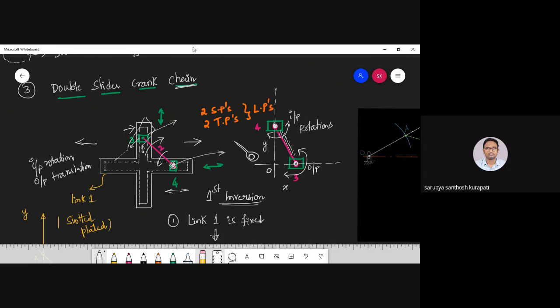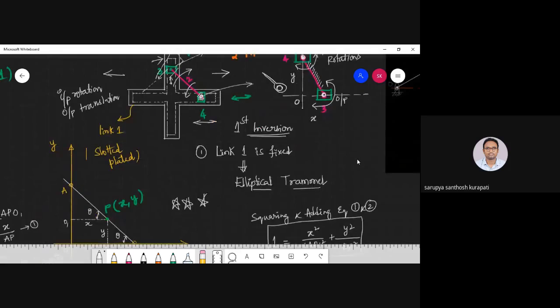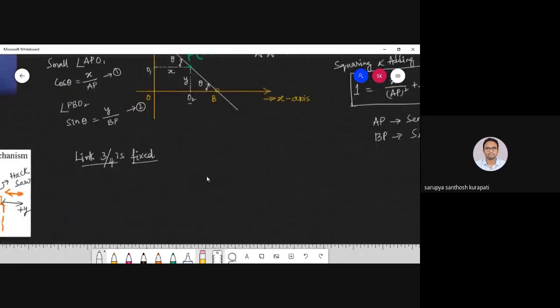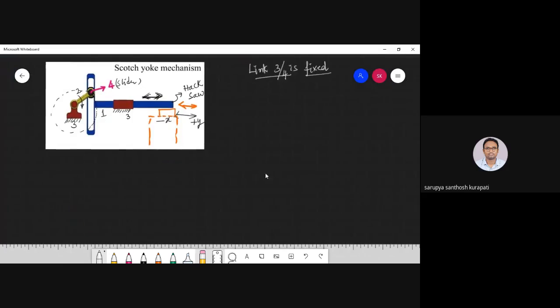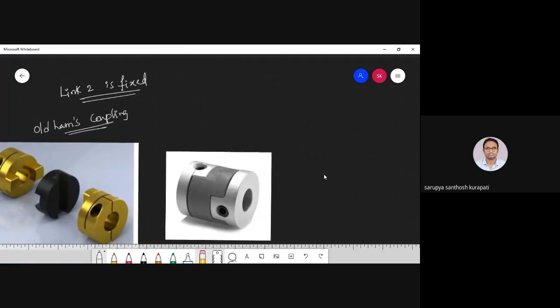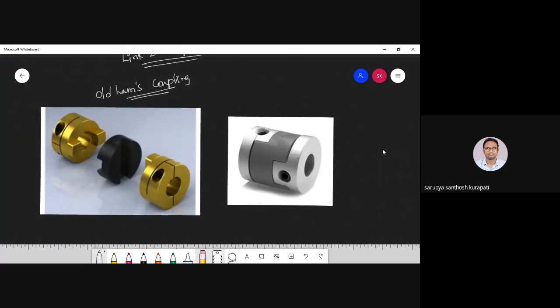If I give input as 200 rpm, I'm going to receive the same 200 rpm output, but the axes of both the shafts are different. The x distance is 0 for the fourth shaft, and the y distance is 0 with respect to the third shaft. So whatever the shafts' orientation, you get input and output the same. That example is nothing but your Oldham coupling.